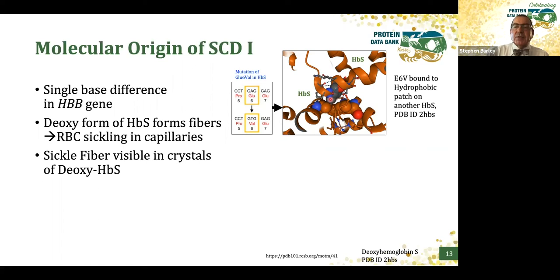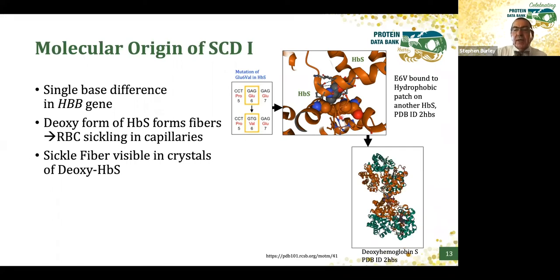What this does in terms of the surface of the protein is to introduce a hydrophobic patch. And these hydrophobic patches are water hating. And so what they tend to do is to bind to other hydrophobic patches on the surface of the protein. And that's exactly what we see in the crystal: you have this hydrophobic patch that's been created by the mutation, and another hydrophobic patch that was pre-existing on the surface of the hemoglobin tetramer.